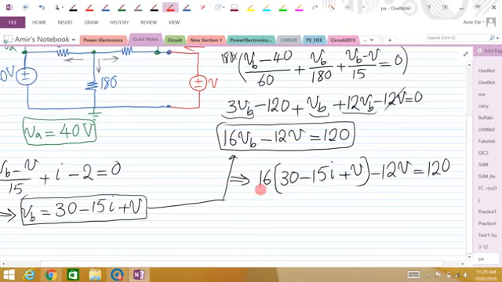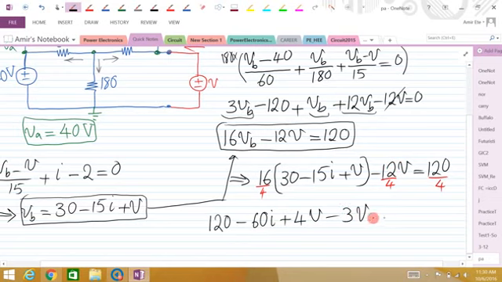So I divide this by 4, I divide this by 4, I divide this by 4, and I will have 16 by 4 is 4, so 4 times 30 is 120, minus 4 times 15I plus 4V minus 12 over 4 is 3, 120 over 4 is 30.